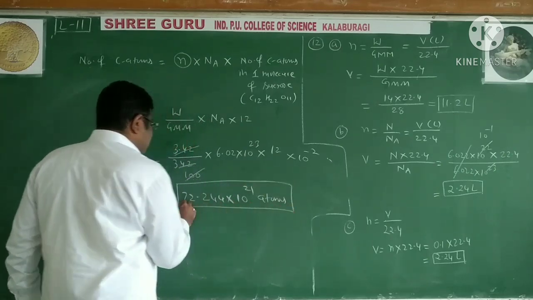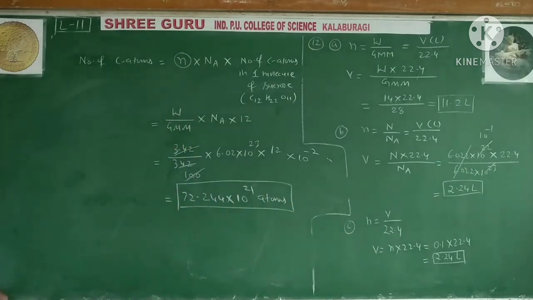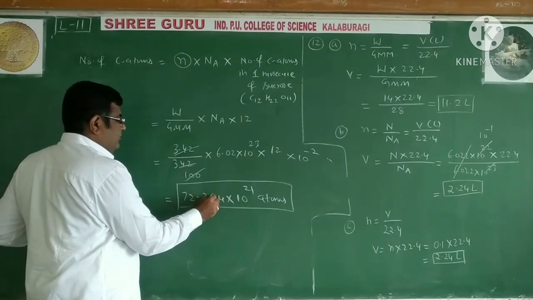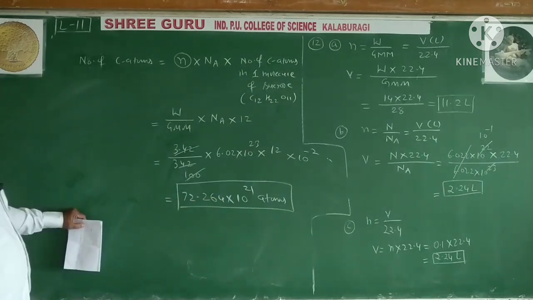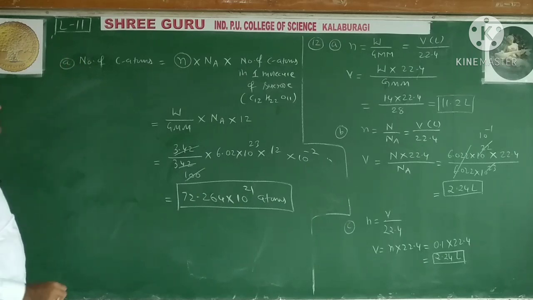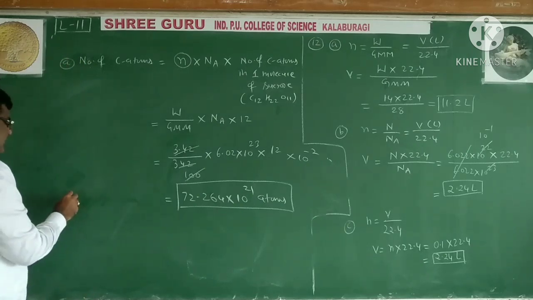This many atoms are there in 3.42 gram of sucrose. 264, it is, right, 264. Similarly, we can calculate the number of hydrogen atoms.